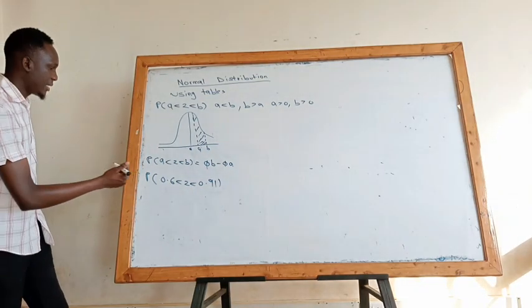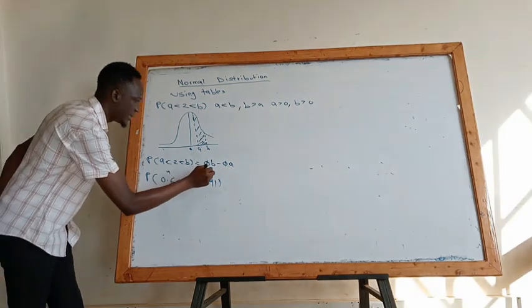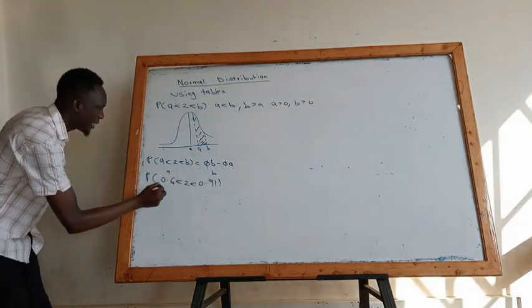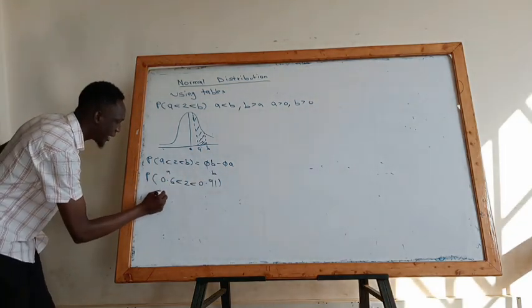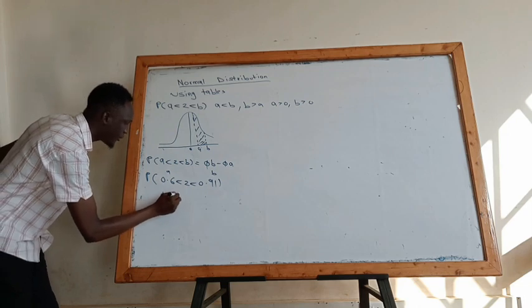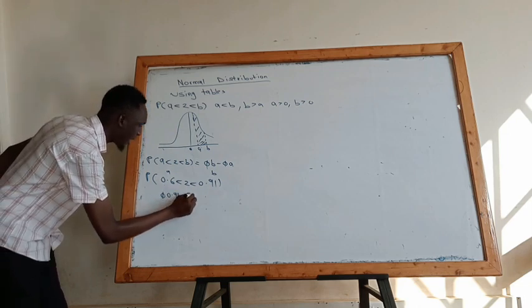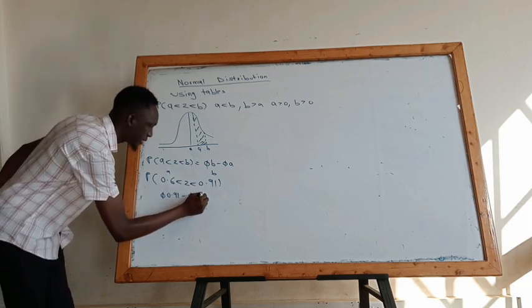This is our A, this is our B. So this is phi of 0.91 minus phi of 0.6.